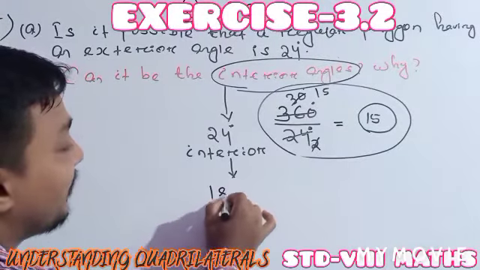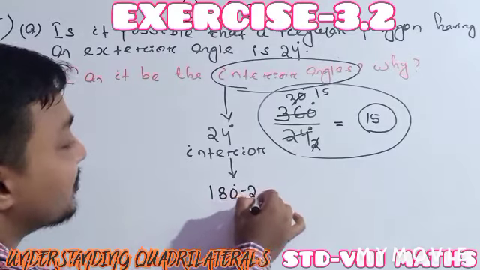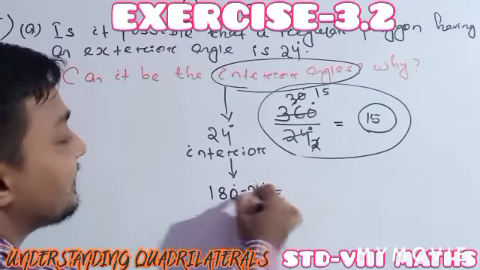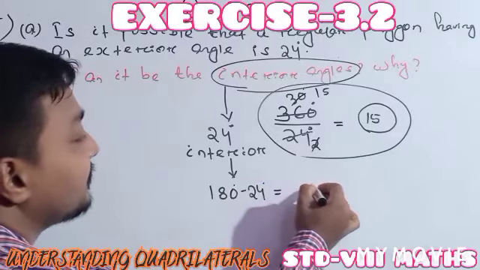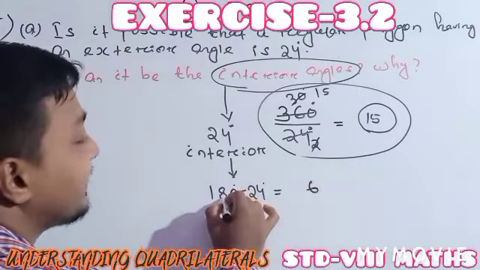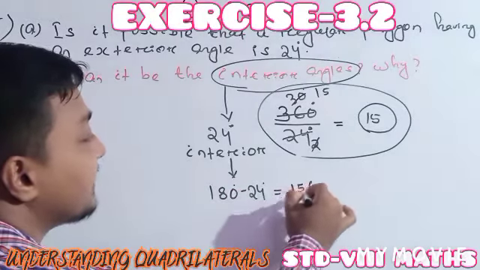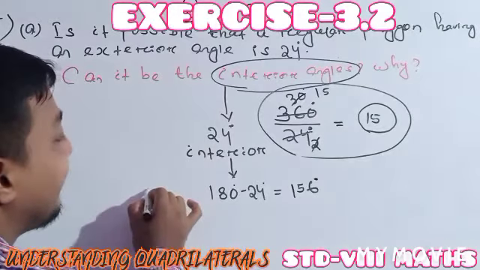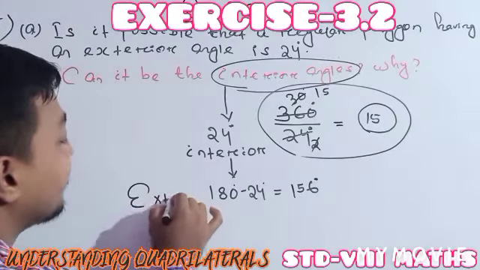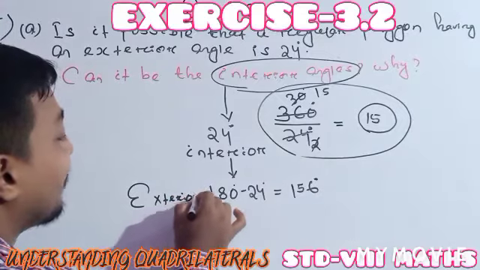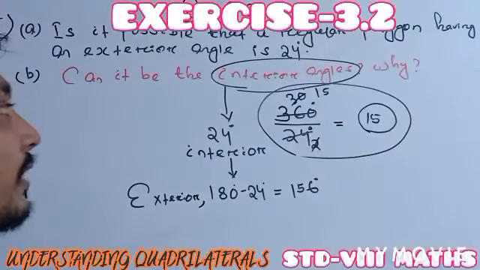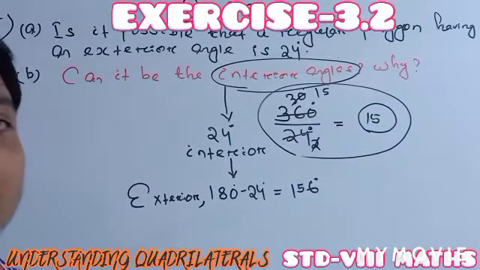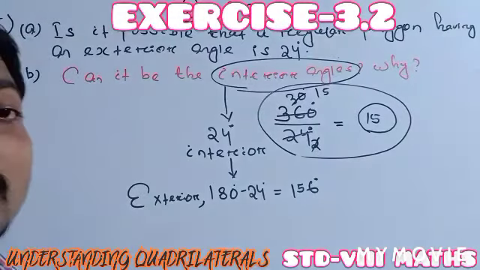So the exterior angle will be 180 minus 24 degrees, which is equal to 156 degrees. Whenever a regular polygon has an interior angle of 24 degrees, its exterior angle is 156. Why did we find the exterior angle?